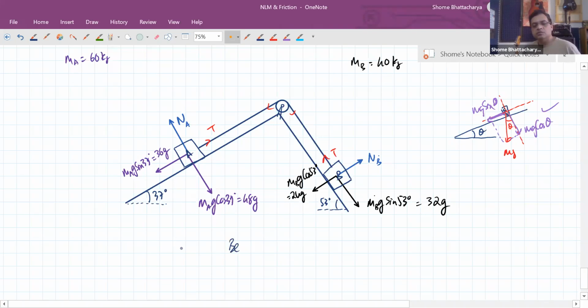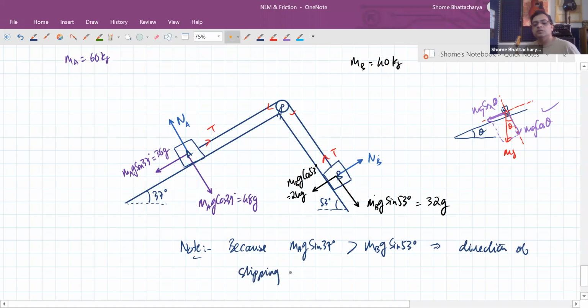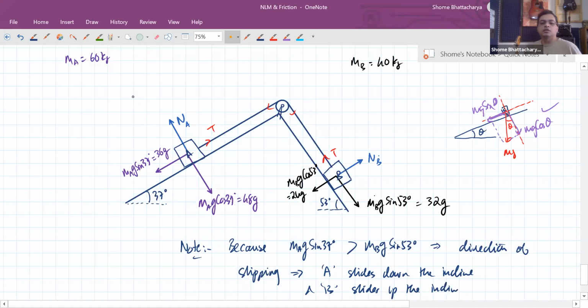We can see that because A's weight's tangential component is greater than B's weight's tangential component, therefore the direction of slipping will be such that A slides down the incline and B slides up the incline. So now I know my direction of acceleration will be like this.